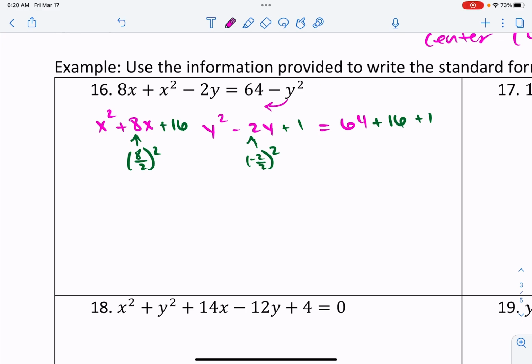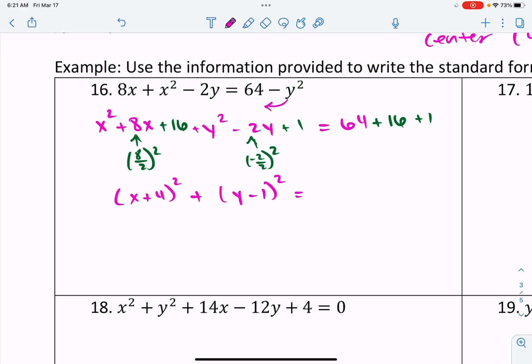From there, I'm going to go ahead and factor, so I get x plus 4 squared plus y minus 1 squared is equal to, and then now I need to just add the 64 plus the 16 and then plus the 1.